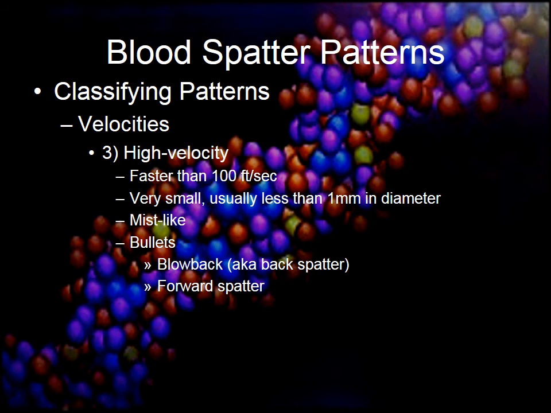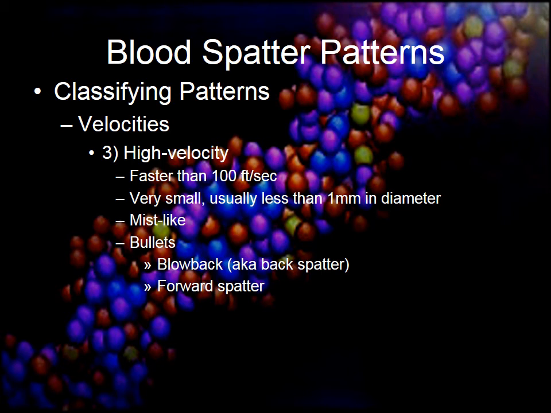And then we have high velocity, faster than 100 feet per second, very small, mist-like, 1 millimeter in diameter. And this is typically from bullets, from what we call blowback, and that is when a firearm is shot at close range. Blood not only goes the direction of the bullet, but actually backward toward the direction of where the shot came from.